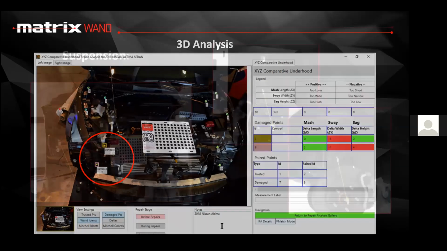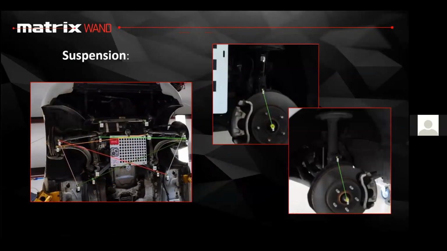Yeah, the other thing that we need to start measuring right up front to ease the repair process is suspension. We can apply these same concepts of point-to-point measurement to find out what our trusted points are based on our reference data, and then we can pinpoint exactly what components are damaged. Could it be a knuckle? Is it a strut? Is it a lower control arm?